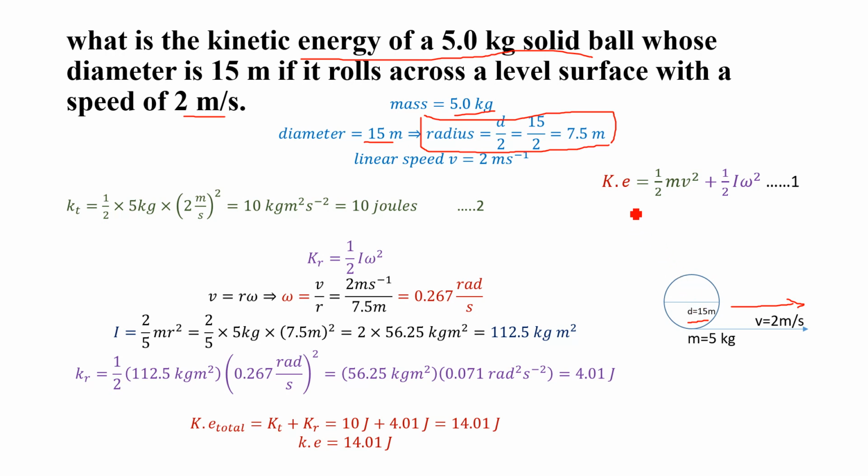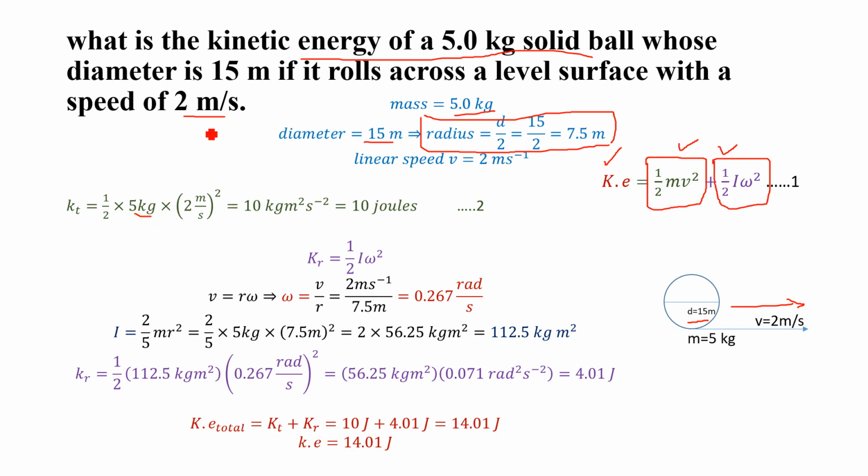One is translational kinetic energy, which is simply 1/2 mv square, and the second is the rotational kinetic energy, which is 1/2 I omega square. So we will determine both of these, and then we will add both of these kinetic energies to get the total kinetic energy. So the translational kinetic energy we know is equal to 1/2 mv square.